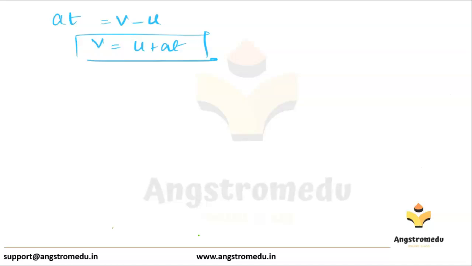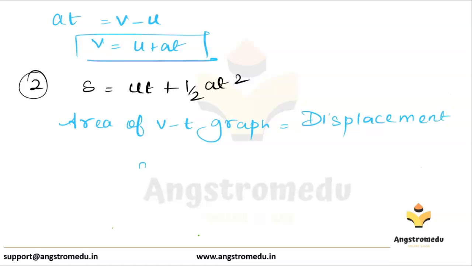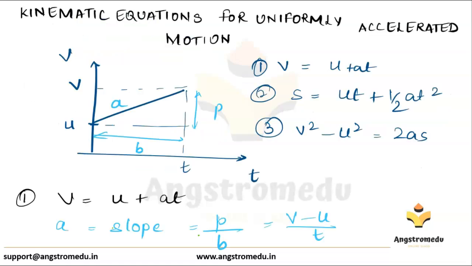Now the second equation of motion is s equals ut plus half at square. We know that the area under the v-t graph is equal to displacement. Displacement is s, so s will be equal to the area under this graph, which is the area of the trapezium.